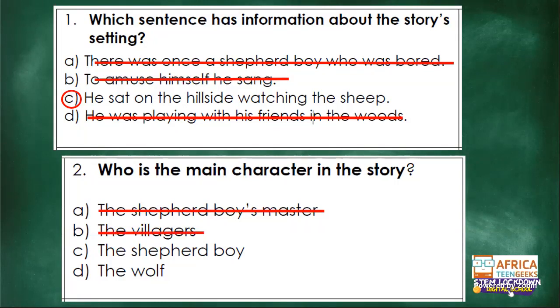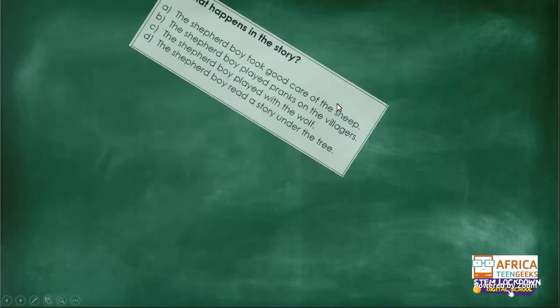No. Is the shepherd boy the main character? I see lots of people saying yes. What about the wolf? Is the wolf the main character? No. So the correct answer is number C, the shepherd boy. Okay, good. Let's go on to the next one.